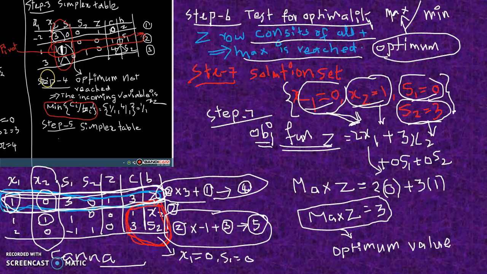The x2 value is this, so it's substituted here. Yes, 0 value, and then you substitute that value, you will get maximum z is equal to 3, and this is the solution. The optimum value, in our case, is maximum.